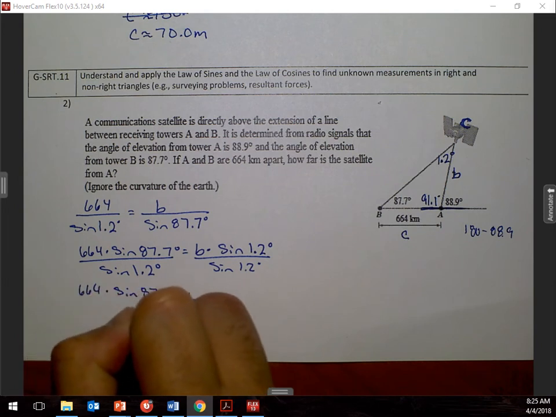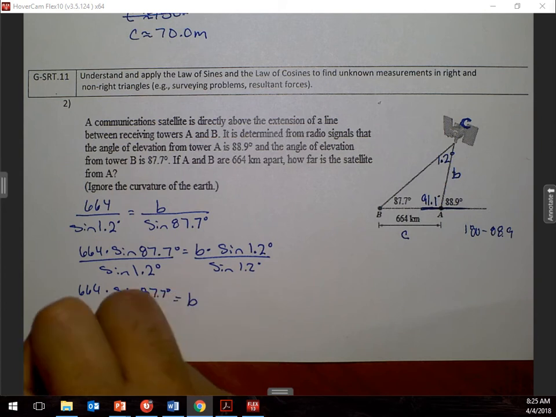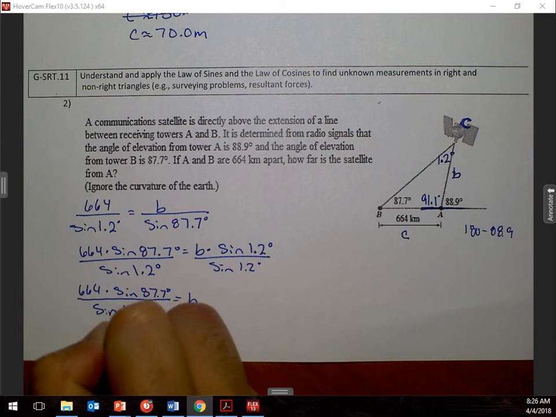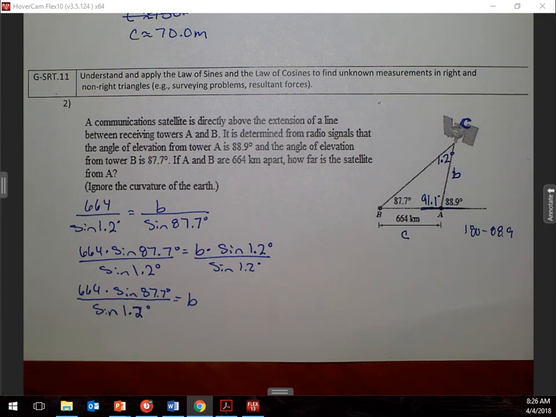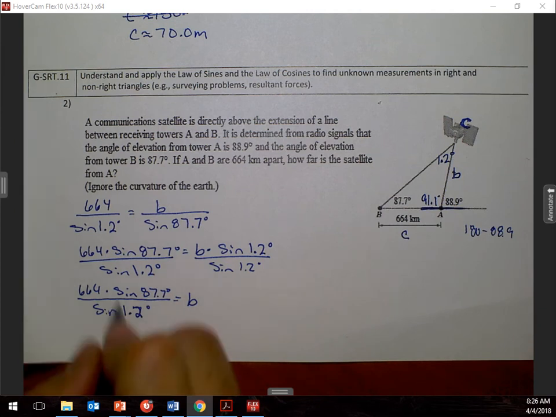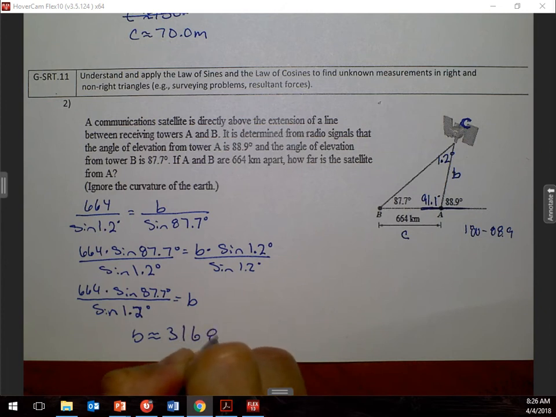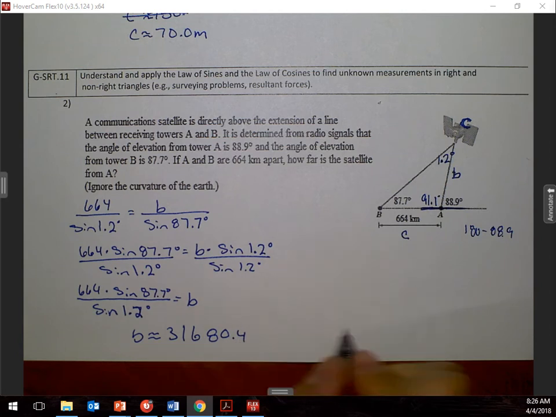Oh my god, it's going to be a big number. Do you know why? It's very far. Satellites fly pretty high. So b equals 31680.4 kilometers.